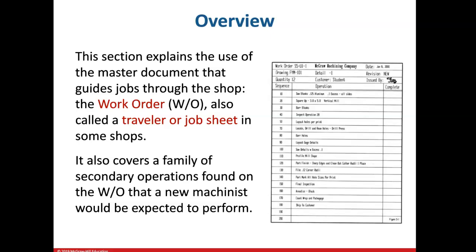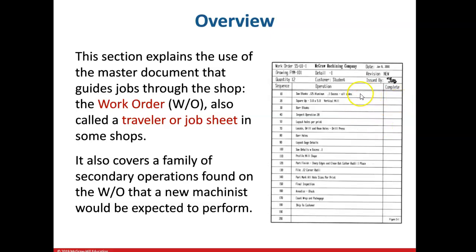So if you've had the CNC fundamentals class, we've started to talk about job travelers or job sheets, what we refer to as a work order. It depends on what company you're working for how they refer to these. Basically, most shops use these to step by step route the job from start to finish.